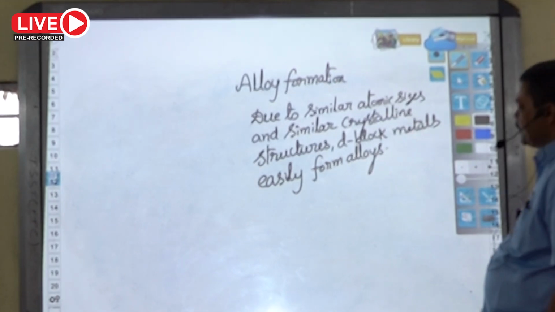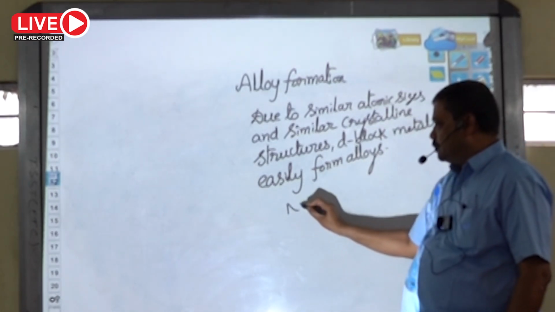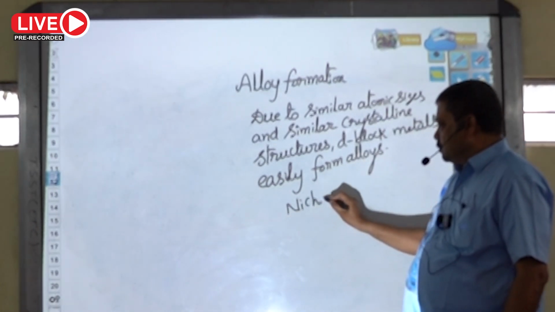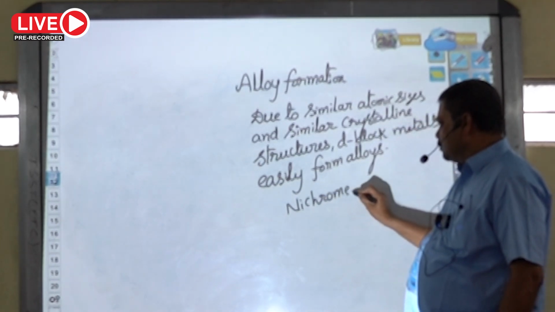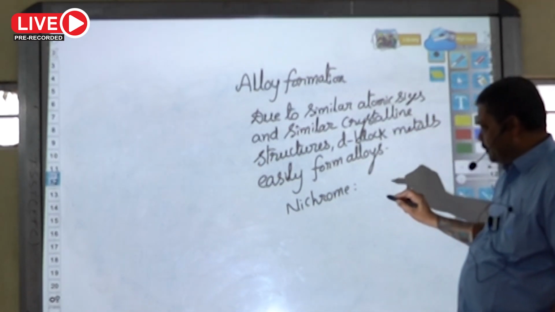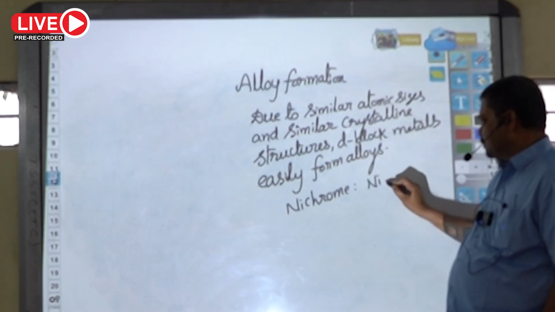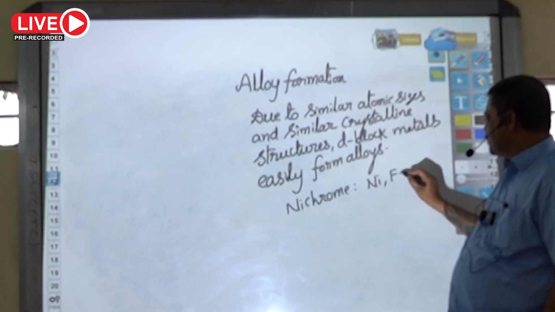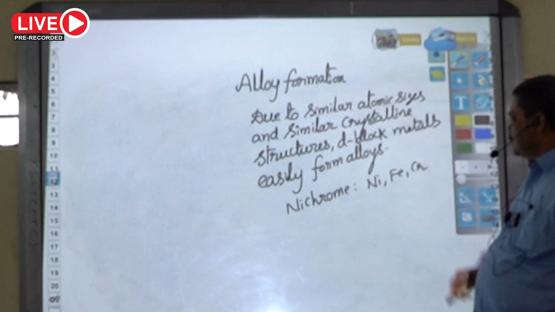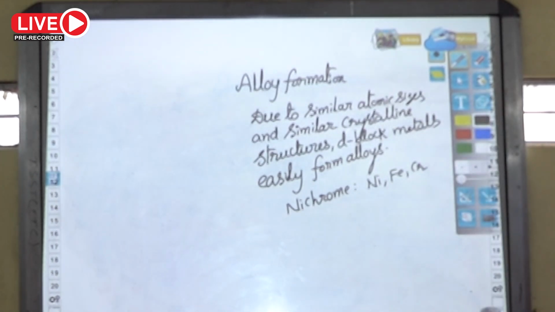For example, nichrome. Nichrome is an alloy. Nickel, iron, chromium.